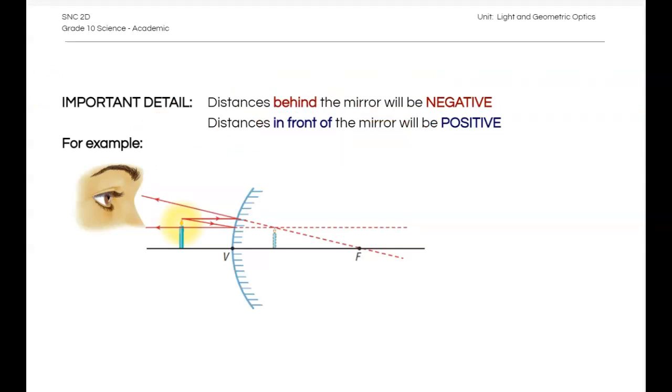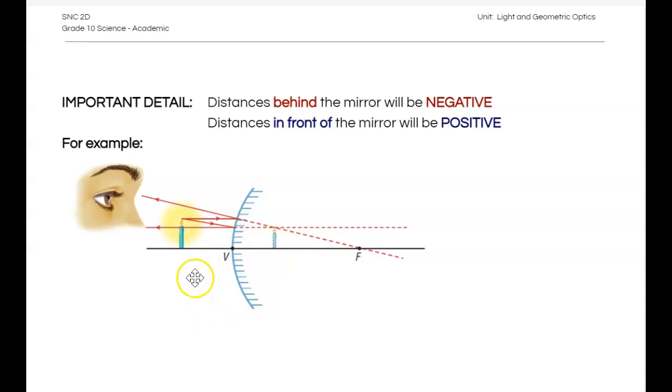There's an even more important detail, I feel. Just like on a graph in math where you have positive and negative x values, in optics we consider the values that are in front of the mirror to be positive distances, and values that are behind or inside the mirror to be negative distances.